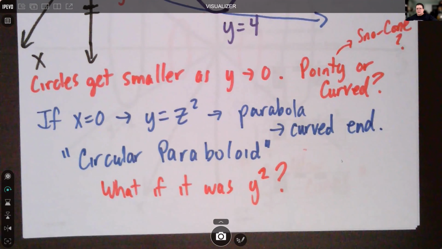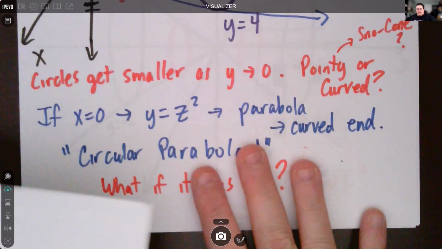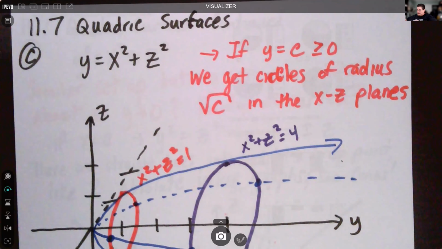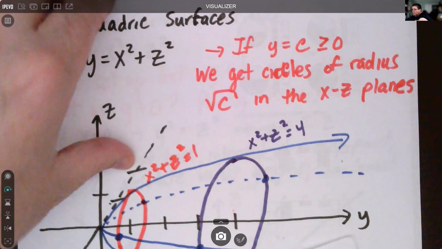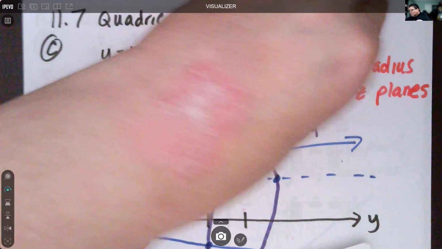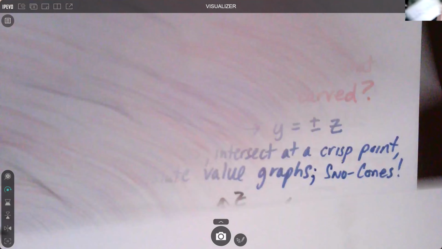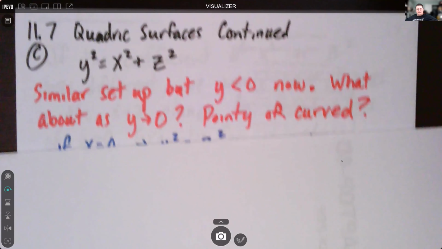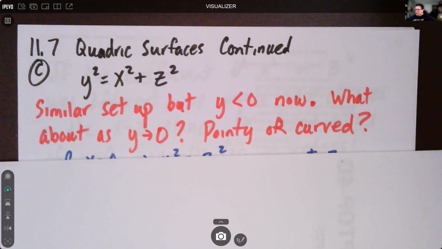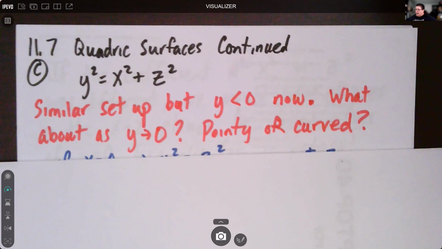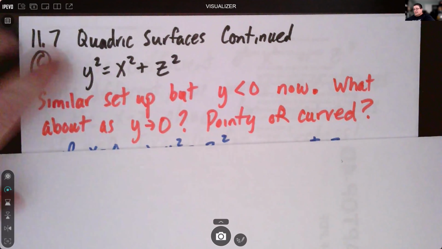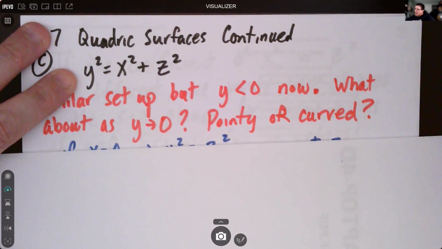What if we had y squared instead of y? Let's take a look at that. So we've got a similar setup. Now we've got y squared equals x squared plus z squared, and I could do the same thing, making these constants.